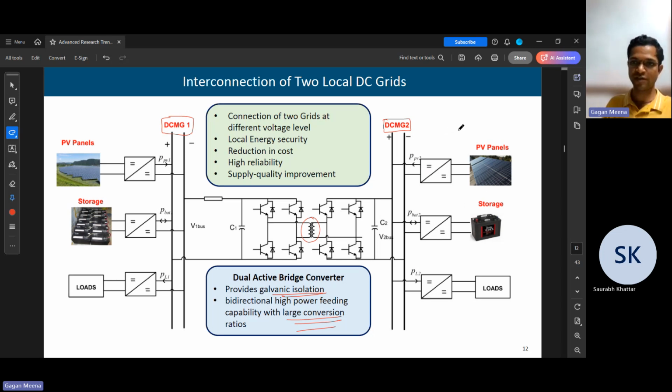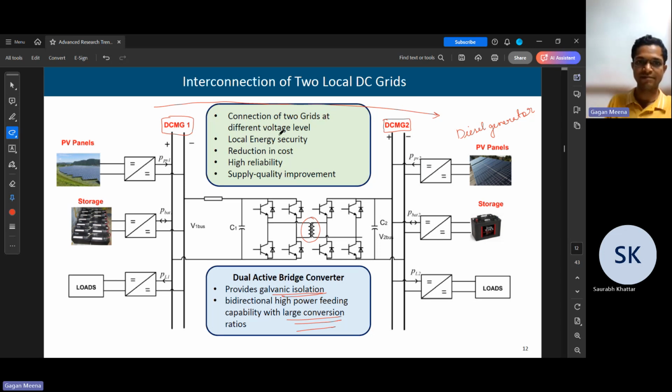Instead of using the diesel generator available here in microgrid 2, if these two grids are connected, then the excess power from microgrid 1 can flow to microgrid 2. And this will make it more eco-friendly because we want to use the diesel generator as little as possible.